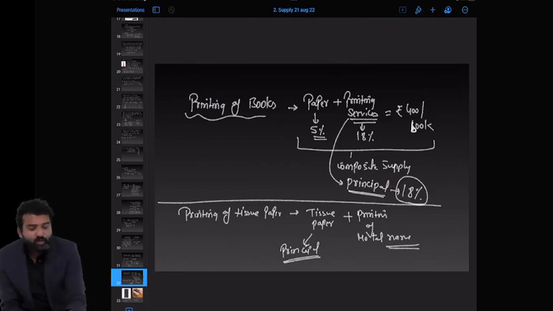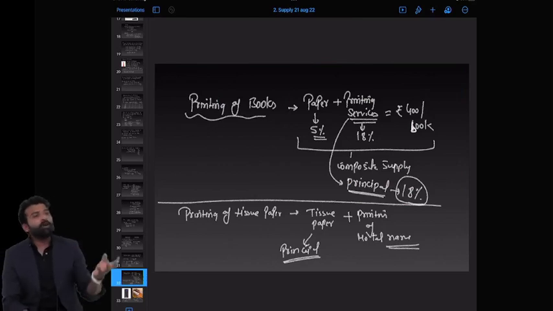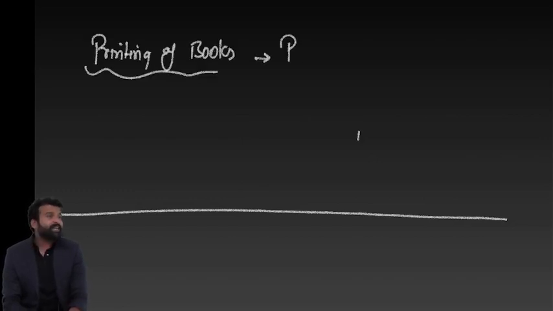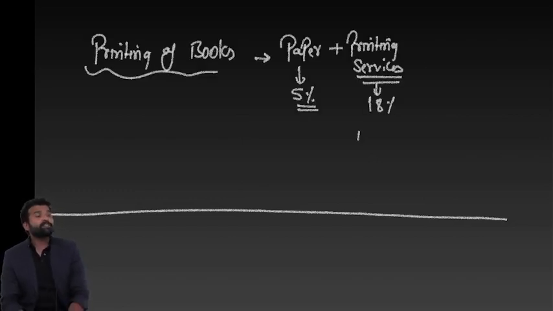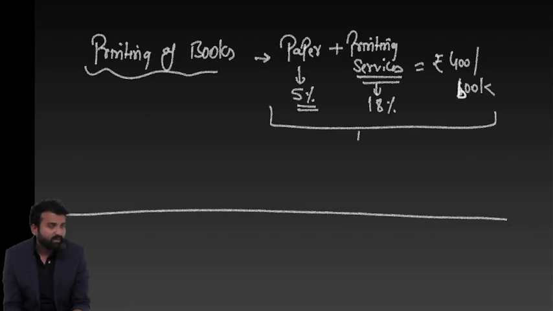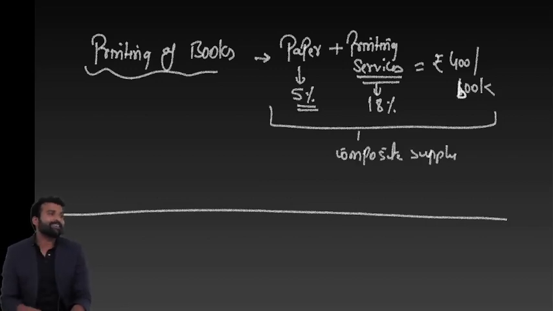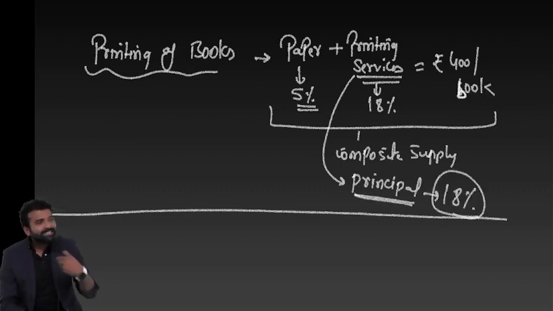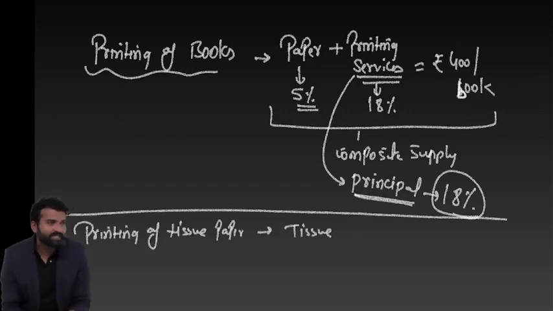If they are doing this kind of activity in the ordinary course of business, then we can say it is naturally bundled. Naturally bundled doesn't mean that it cannot be supplied without printing. No. Naturally bundled means the customer expects that this kind of service will be bundled with the product. So normally this happens in the ordinary course of business, and that's why it's a composite supply.